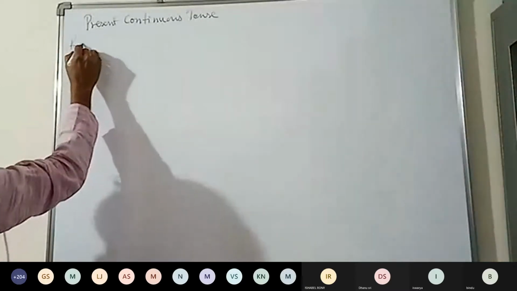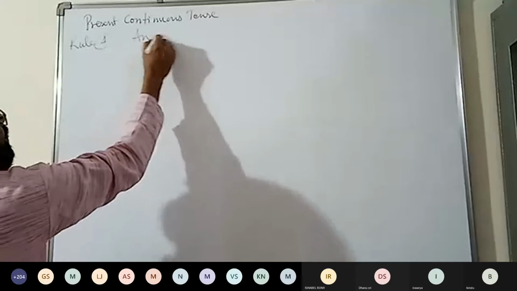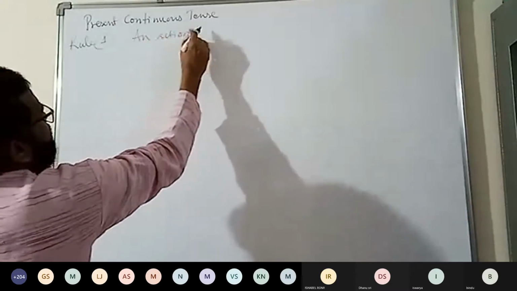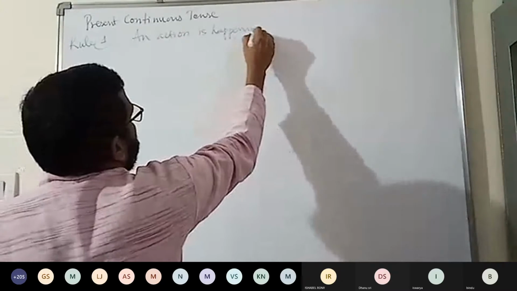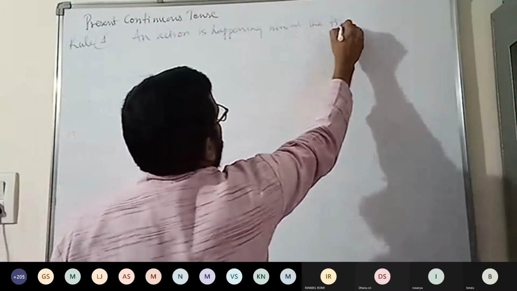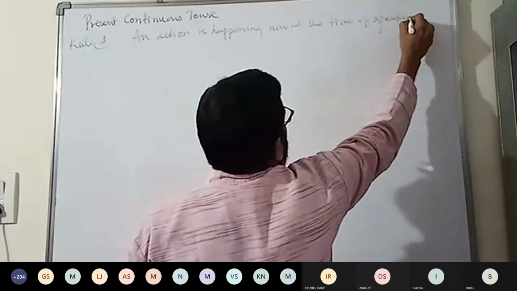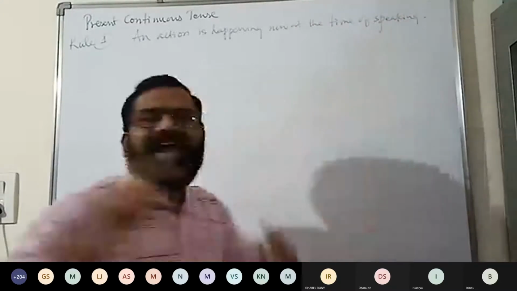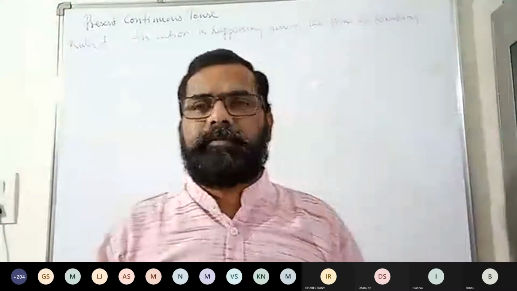So, present continuous tense. There are 2 rules. Rule 1: an action is happening now at the time of speaking.